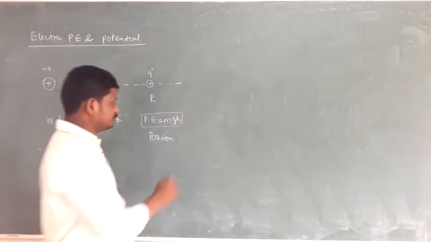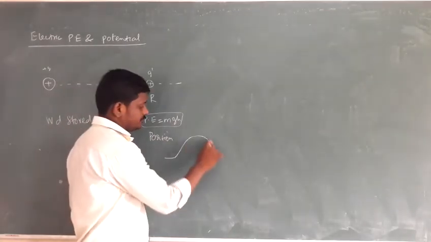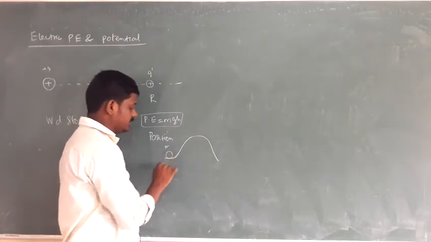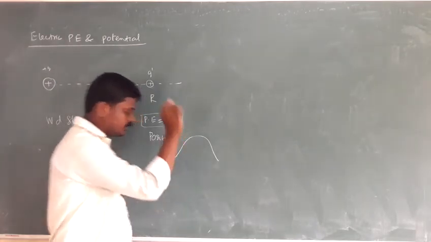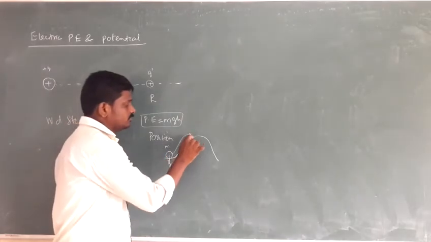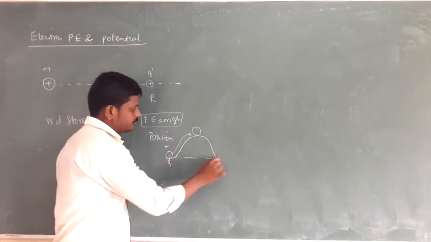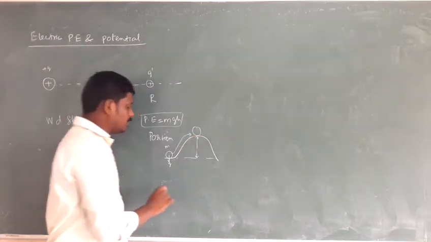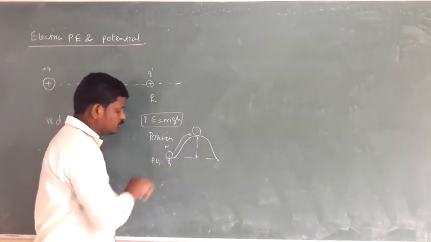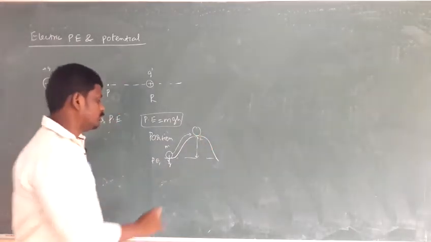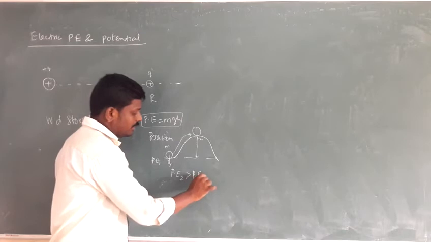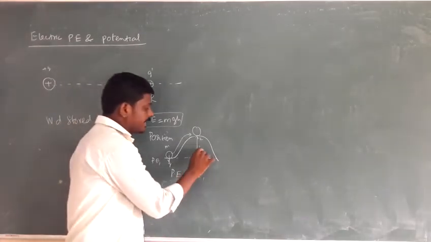In gravitation, consider a mountain with a stone here. It has a mass, and a gravitational force acts downwards towards the earth. We are shifting the mass to a height h. Now the potential energy at point 2 is greater than at point 1 because it is lifted to a height h.